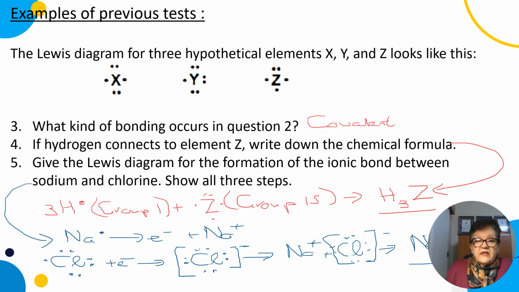The +1 and the -1 bond, and now I have Na and the chlorine remains. You can say NaCl, or you can say Na and then the Cl with its 8 electrons around it in the square brackets, which is then your final product.